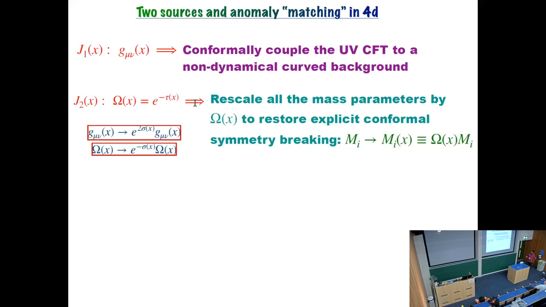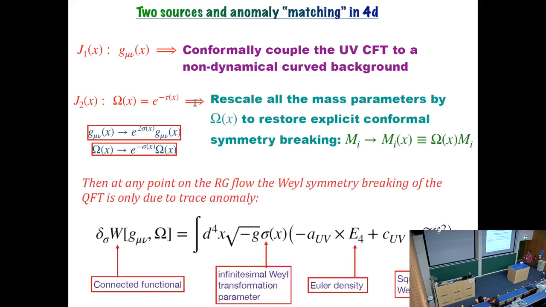It has a transformation property under Weyl transformations, where sigma is the infinitesimal Weyl transformation parameter. To do that, you have to start with the QFT action and replace all the mass scales by scaling with this compensator field omega. If you do that, you classically restore the Weyl invariance of the theory, and you can integrate out the degrees of freedom and find a connected functional.